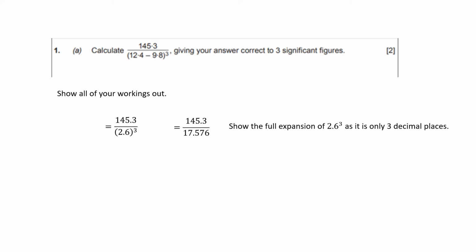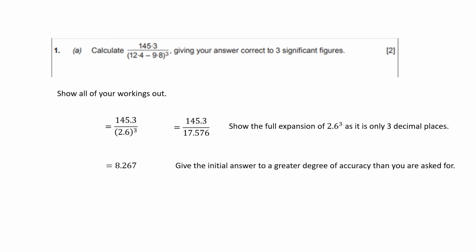So we're now working out 145.3 divided by 15.576. And when we do that, we get 8.267. Now, as you can see, that number there is written to 4 significant figures. And when we look at the question, it says 3 significant figures. Now, the reason for that is we need to give our answer to a greater degree of accuracy, so that if we make a mistake now, we can be credited with a mark for what we've done so far.